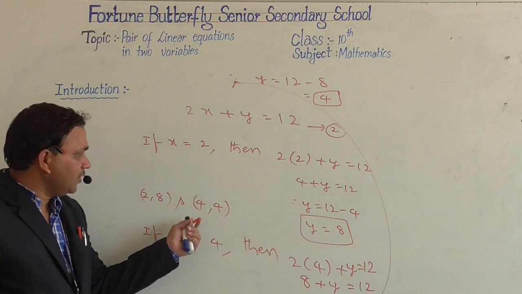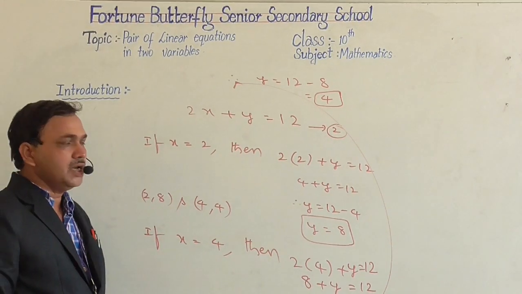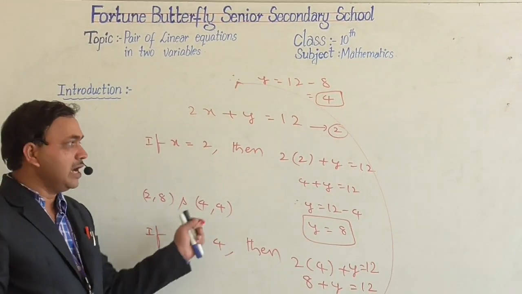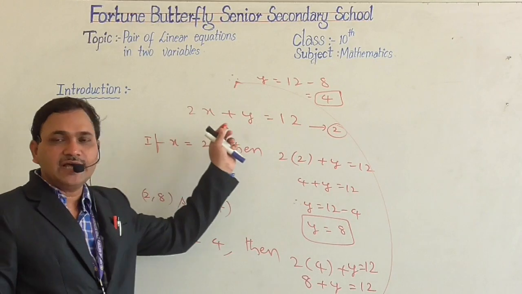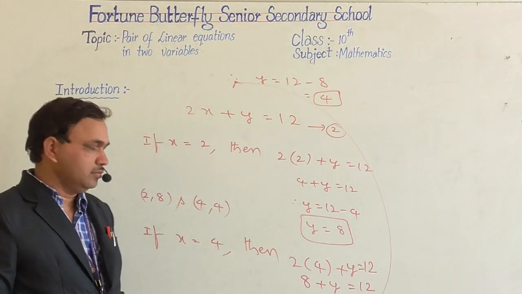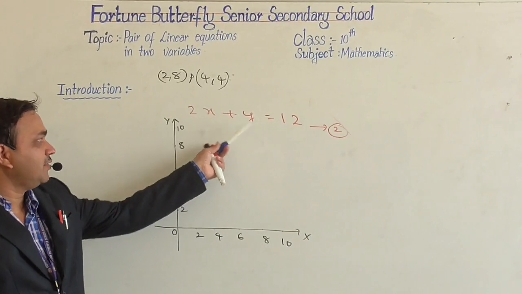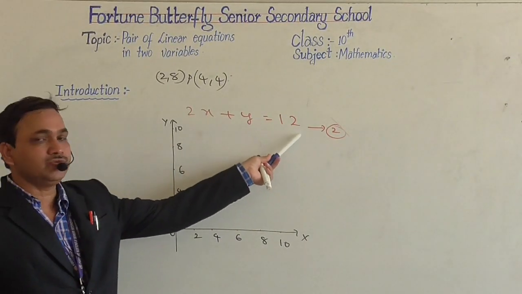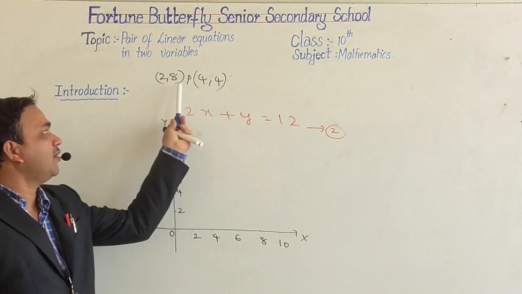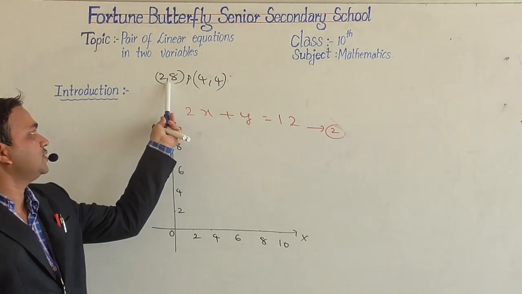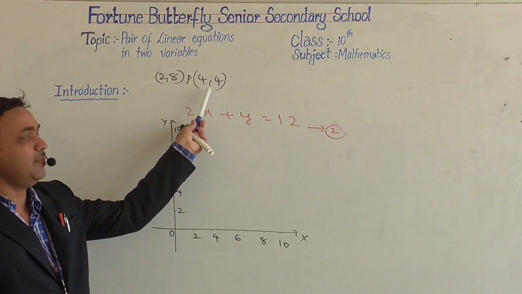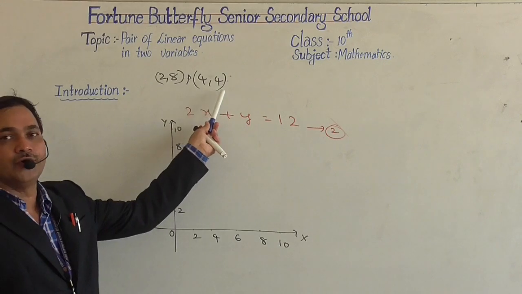With these two pairs, we again use the graph sheet. We have already learned the first graph sheet with the straight line. Now observe the second graph, for the second equation 2x plus y is equal to 12. Again we have two pairs of orders: 2 comma 8 and 4 comma 4.